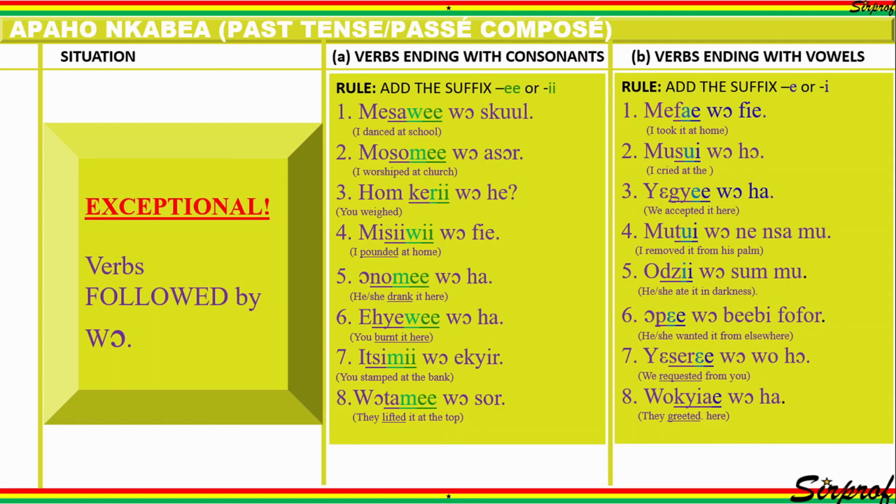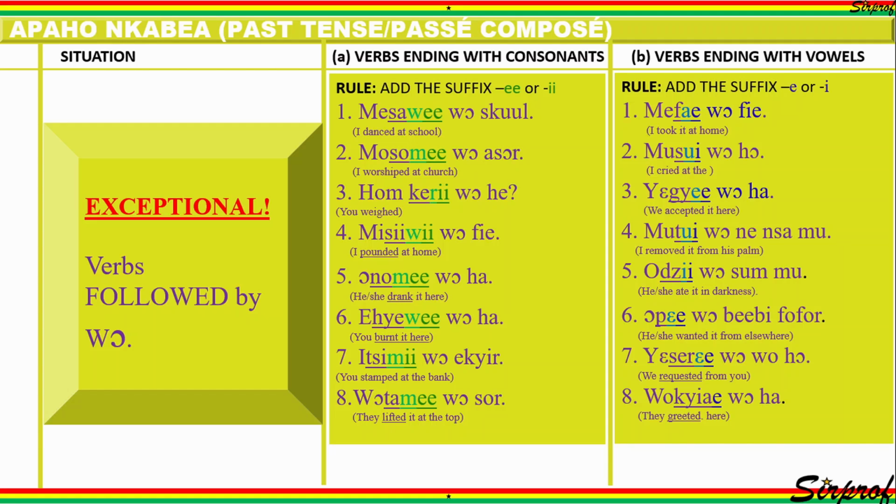Similarly, for verbs ending with vowels, we add the suffix E or I instead of doubling the last vowel for cases where a verb is followed by an object or a modifier.